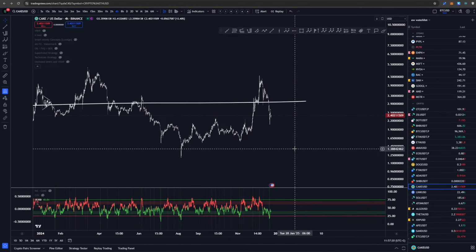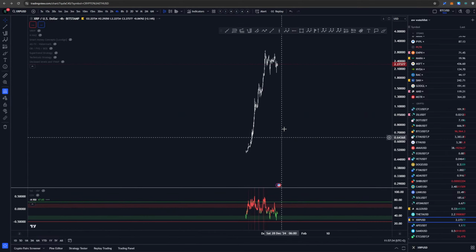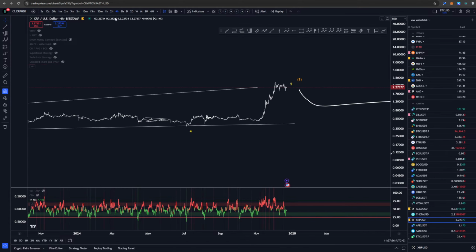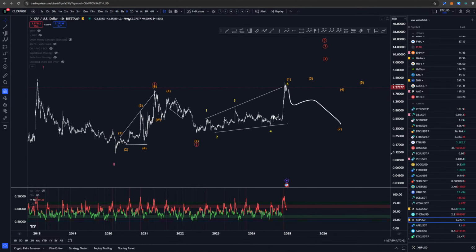That is bad. That is bad. But yeah, that's pretty much how it is. Ugly XRP chart.